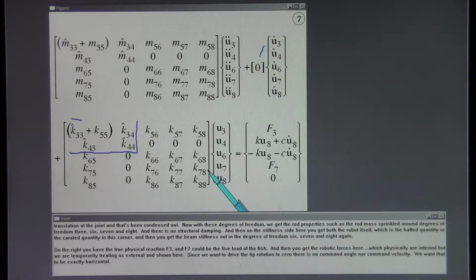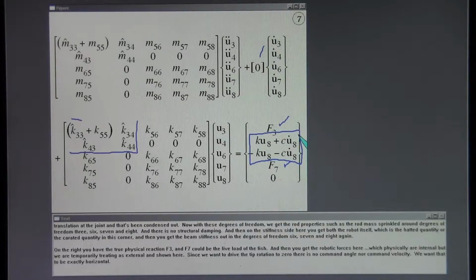On the right you have the true physical reaction F3, and F7 could be the live load of the fish, and then you get the robotic forces here which physically are internal, but we are temporarily treating as external and shown here.